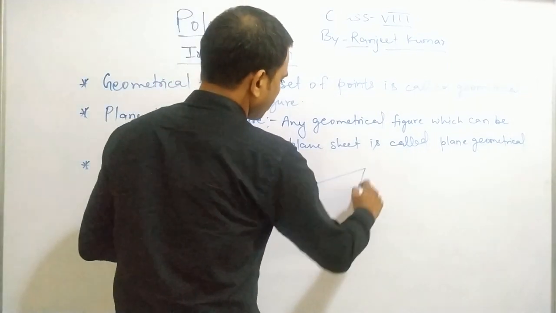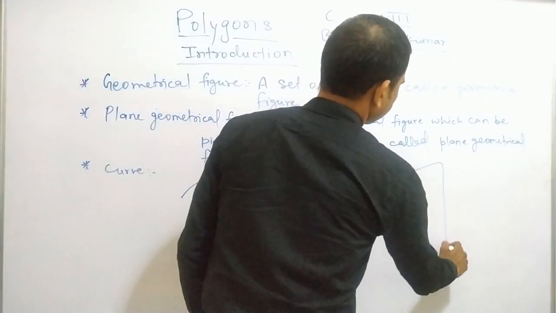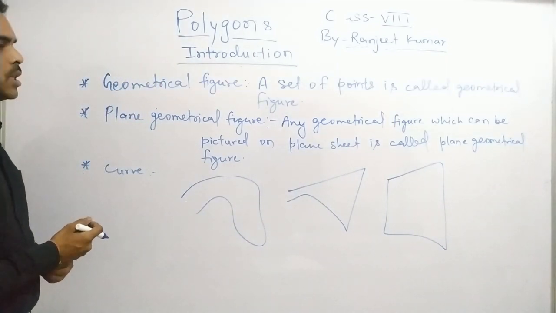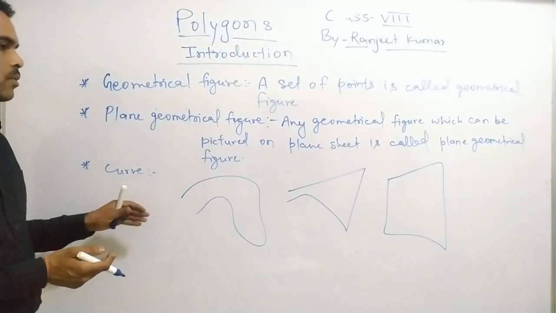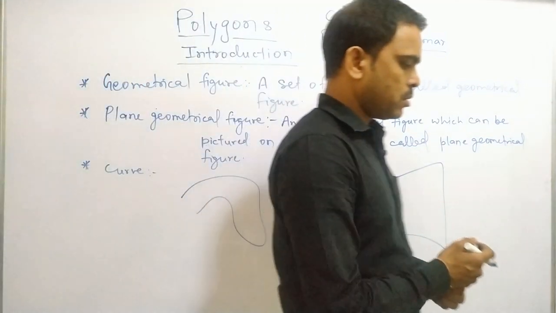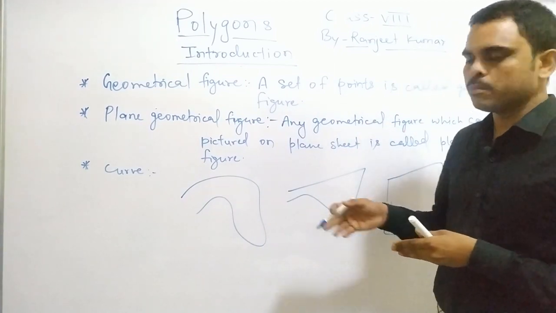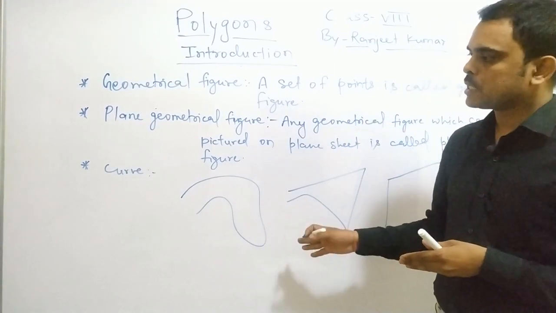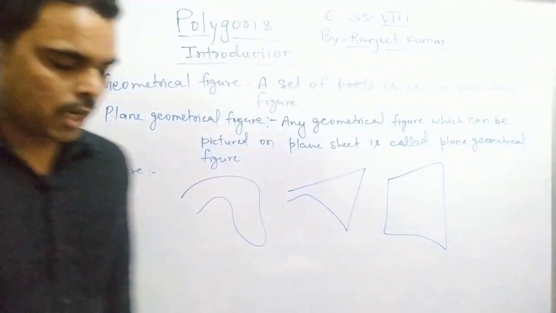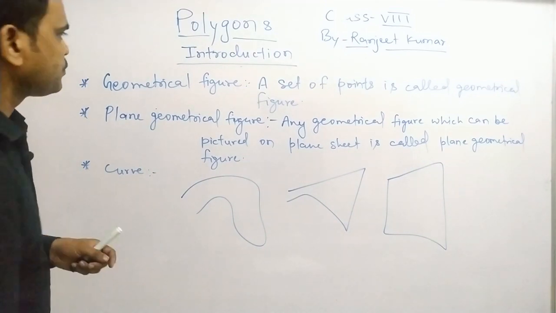In that way, you can see this. All of this I have made without removing our hand from this whiteboard. So if we do not lift our hand and we are able to make a kind of shape, that is called a curve.